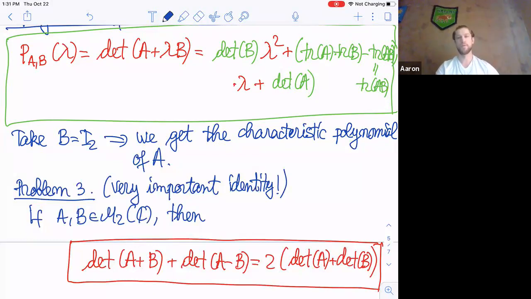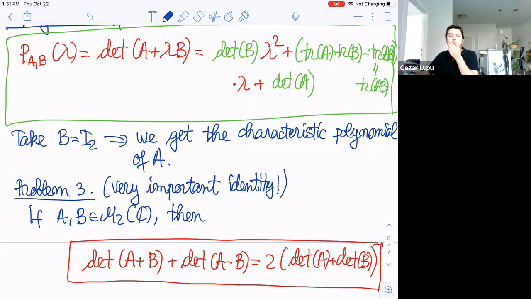Just look at it. We know that P of A, B of lambda is the determinant of A plus lambda B. And look at what you have to prove. Maybe there is some particular value of that polynomial.